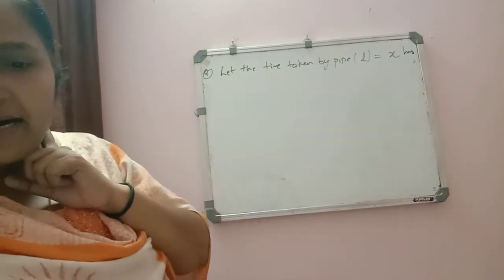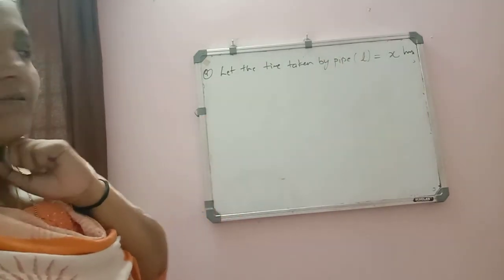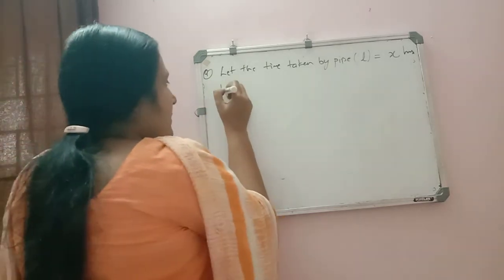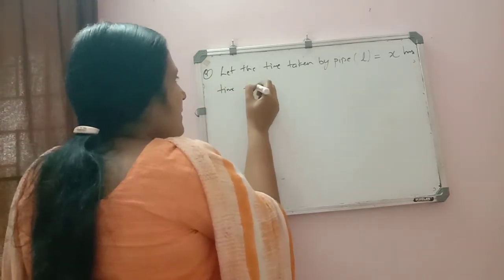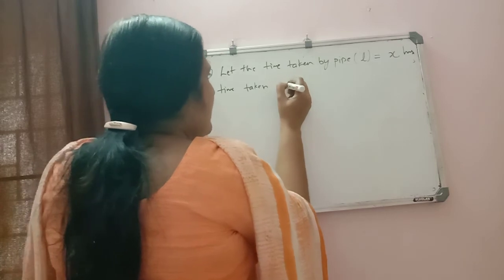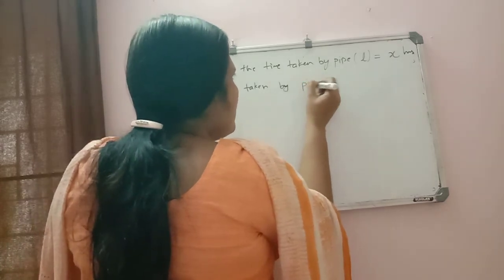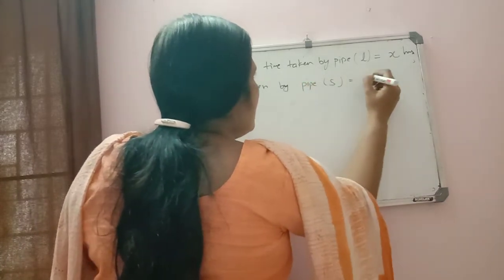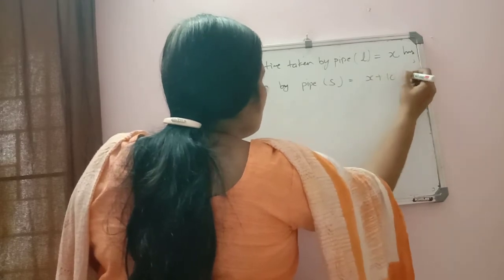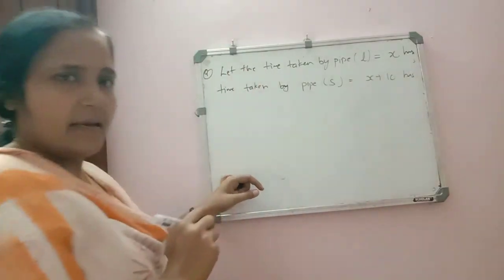The pipe of smaller diameter will take 10 hours more. So time taken by pipe S, the smaller diameter, will be equal to x plus 10 hours.